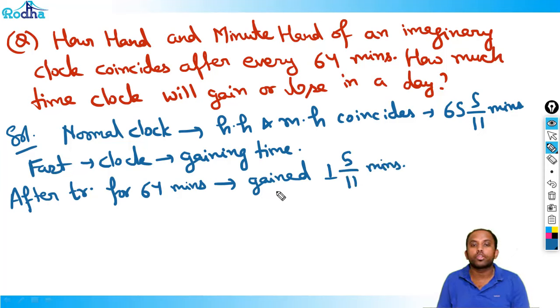After traveling for 64 minutes, they have gained the difference from 65 5 by 11, which is 5 by 11 minutes, equal to 16 by 11 minutes.